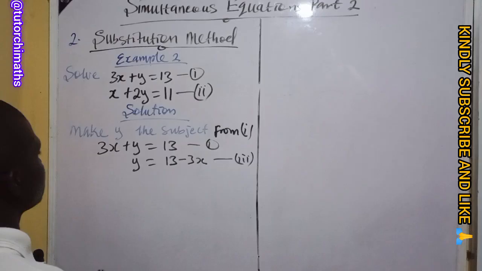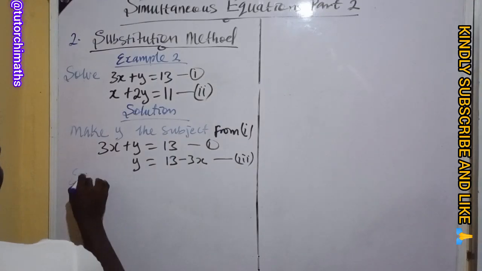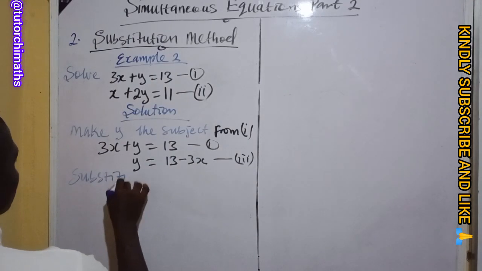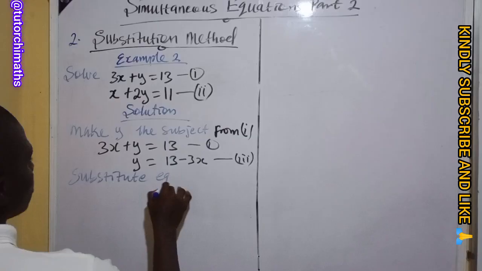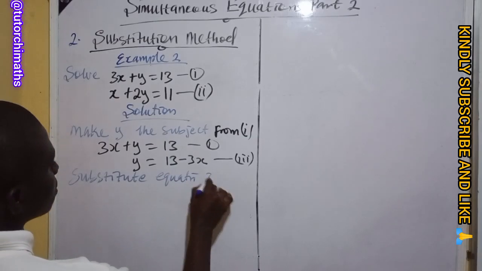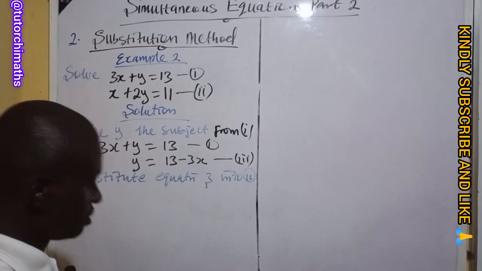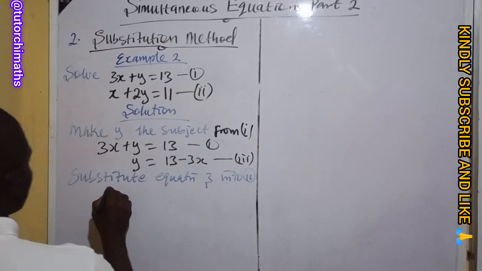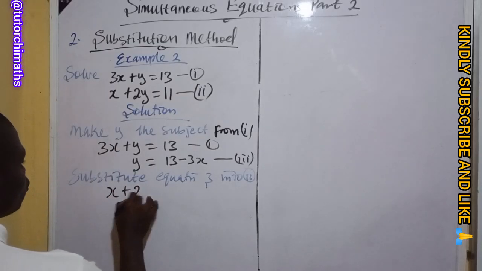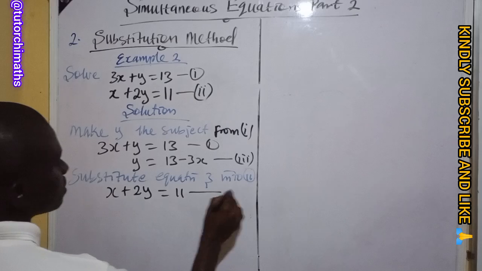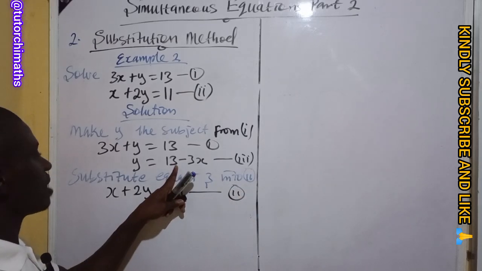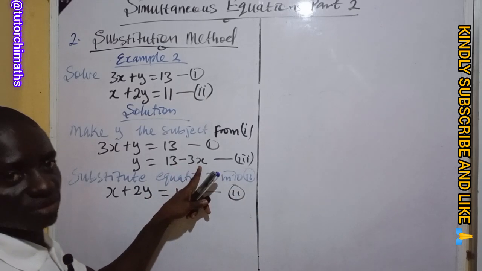We substitute equation 3 into equation 2. So I can have x plus 2y is equal to 11. Remember, this is our equation 2, but our y here is 13 minus 3x.